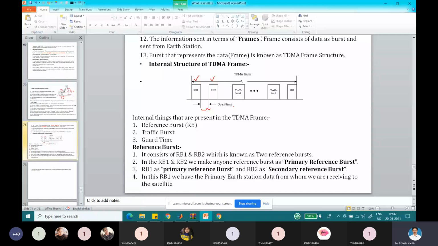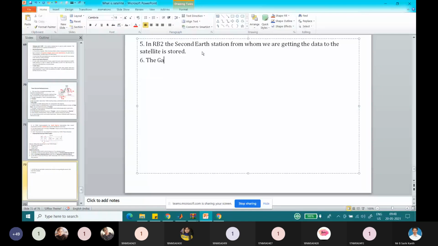The guard time in the TDMA frame is to avoid the overlap of information at the input of the transponder near the Earth station of frame design.